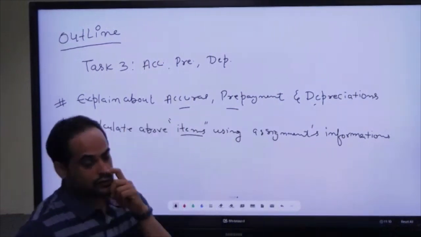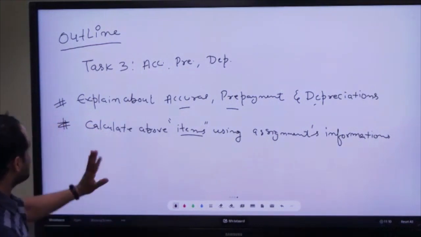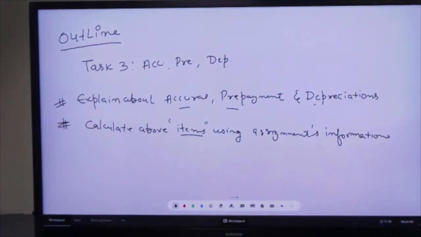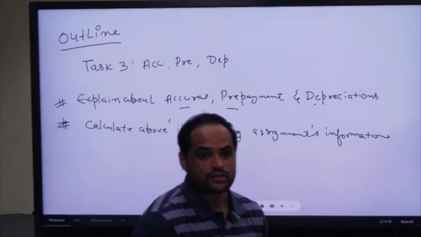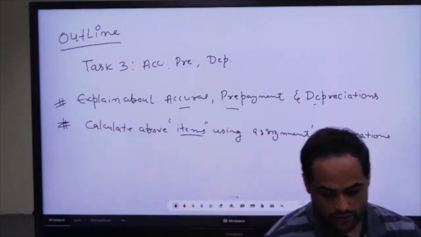Final accounts with adjustments. So that is your task 3, using the assignment's information. So task 3 is finished.